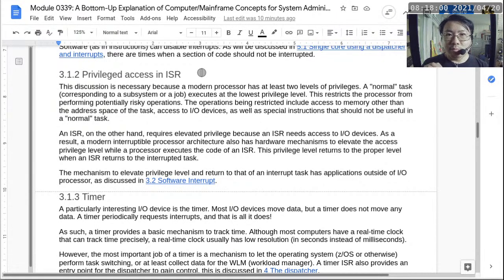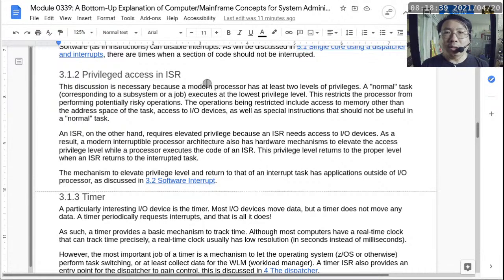So this is why, when we implement the mechanism of interrupts, this is part of what needs to go into the processor as a mechanism: before we start to execute the instructions inside an ISR because of an interrupt, the privilege level has to be elevated automatically, so that the ISR is going to have access to the input-output device, so that it can handle everything, so that the input-output device would stop the interrupt request.